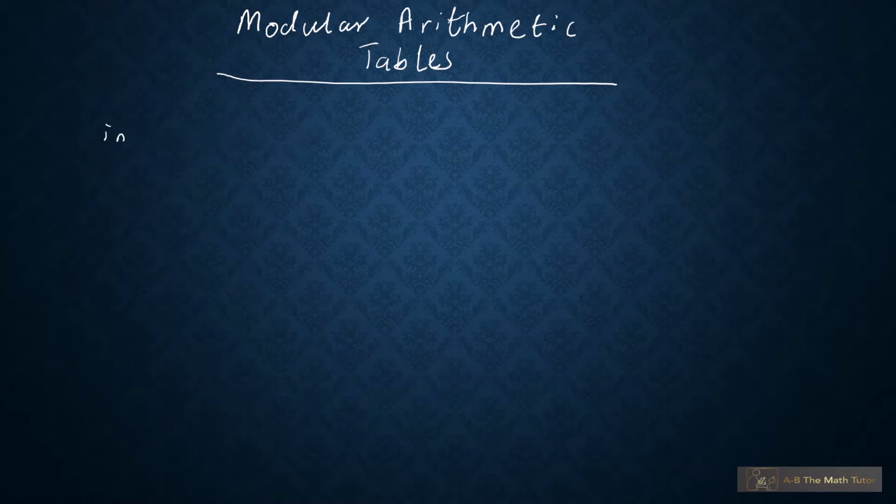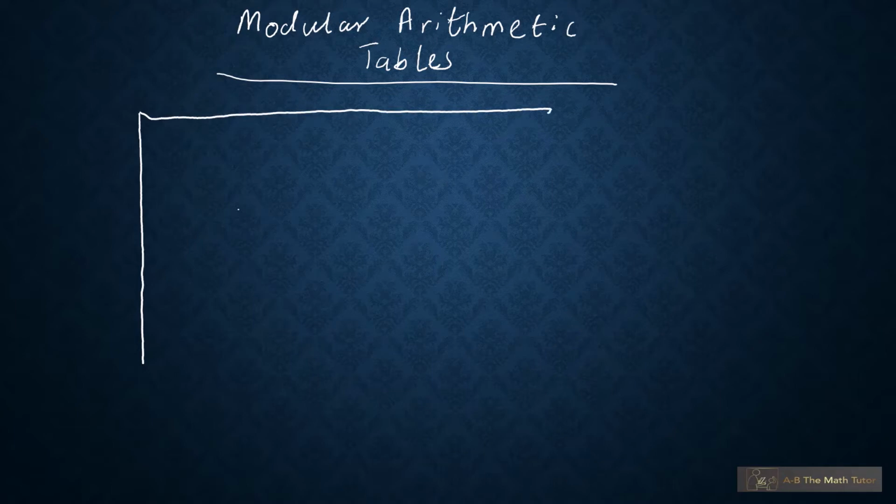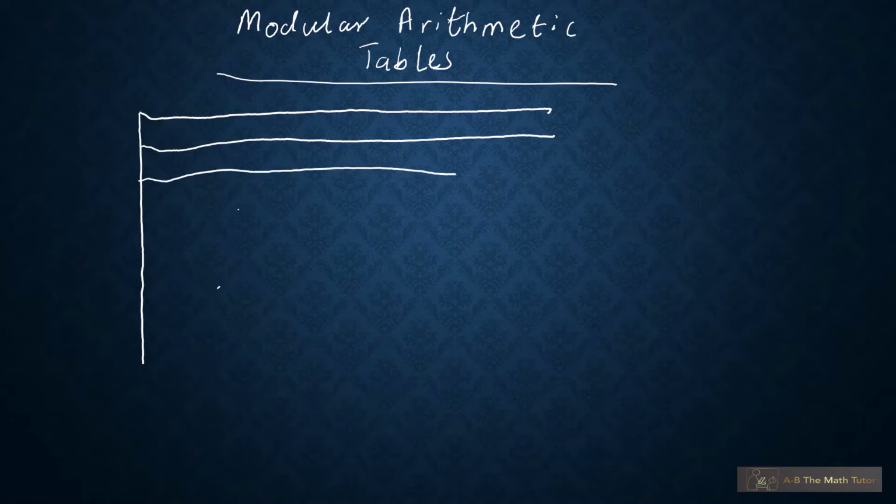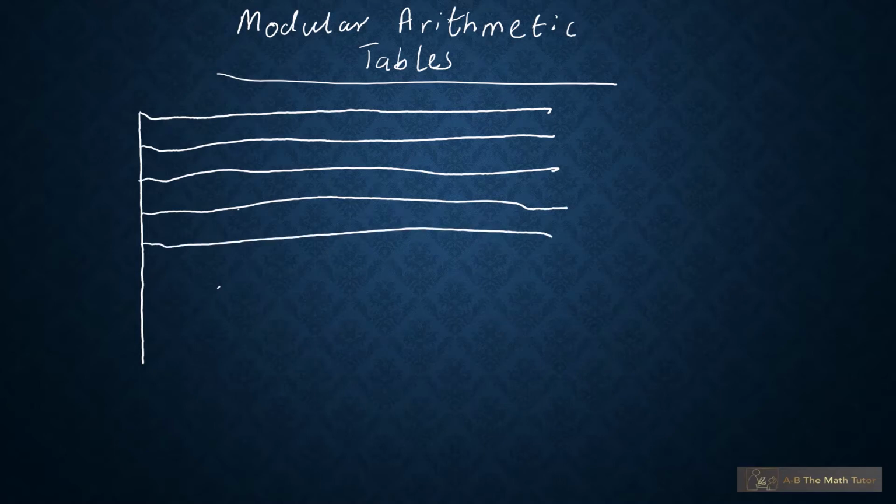So to construct a modular arithmetic table in modulo 5, you first draw a table, and this table consists of rows and columns that are equal to the number of elements in modulo 5.